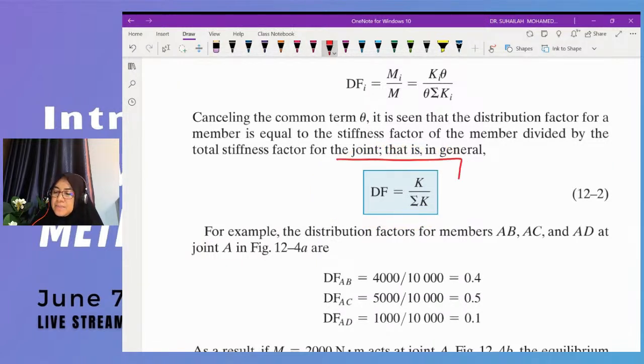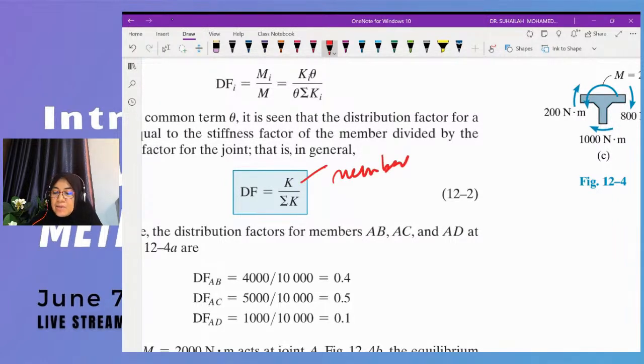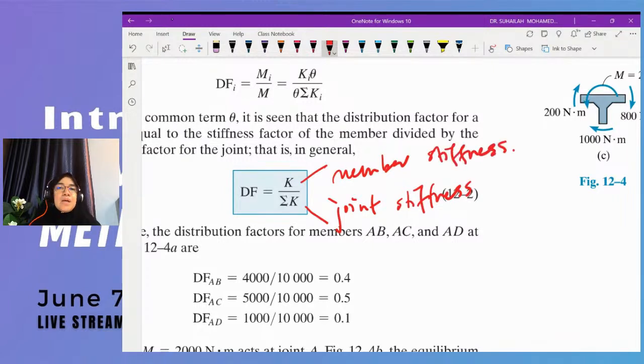DF is K divided by total K. Again, K is member stiffness and total K is joint stiffness. Member stiffness and joint stiffness. DF, distribution factor, is K divided by total K.